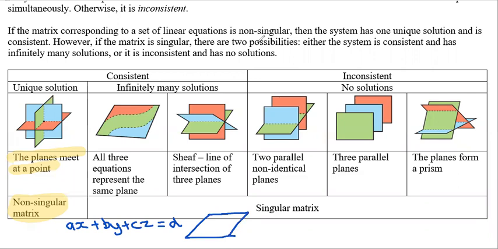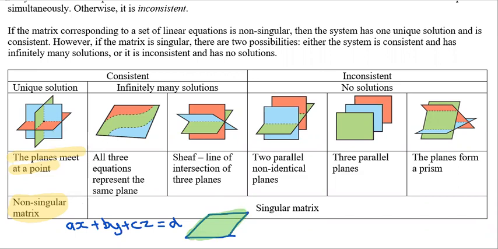I'm not drawing that particularly well, but that's what that equation describes, because we need to have a position described in 3 dimensions. Okay, when the matrix is non-singular, that means that you have 3 of these planes all intersecting at one unique point.